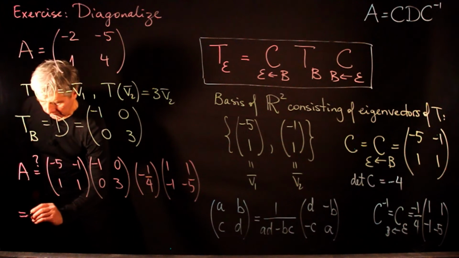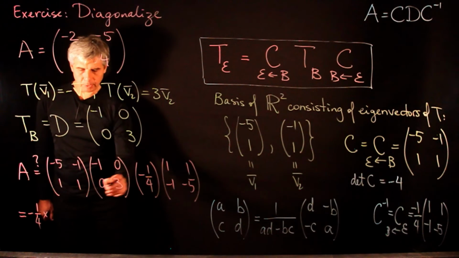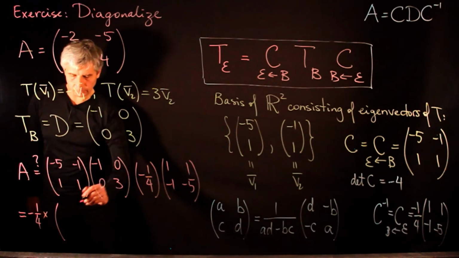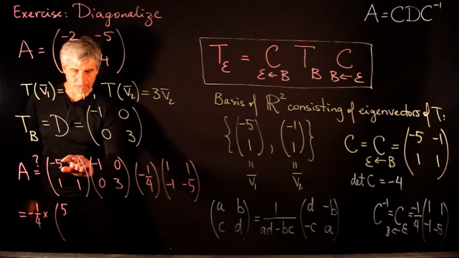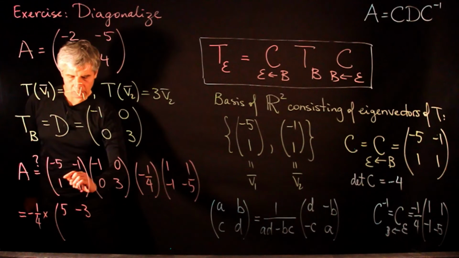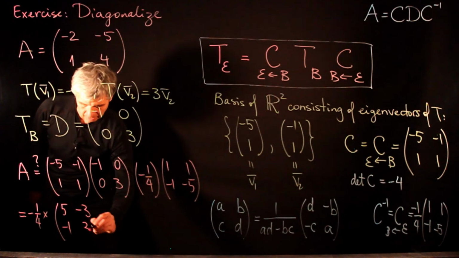So here, negative 1/4 can be put in front, and let's multiply these two matrices together. So here, when we take this dot product, we get 5. Then this dot product will give us minus 3. So then the next dot product is minus 1 and 3.